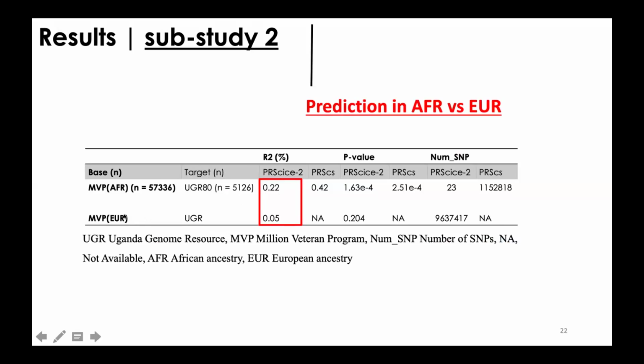But then, what if we use a discovery cohort of Europeans, develop the PRS in the European population, and then test it in continental Africa? It explained a much lower variance. And in fact, it was not a significantly associated PRS, as we can see here, it's about 0.05.